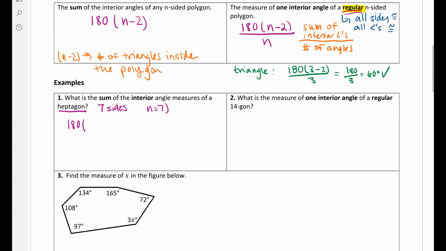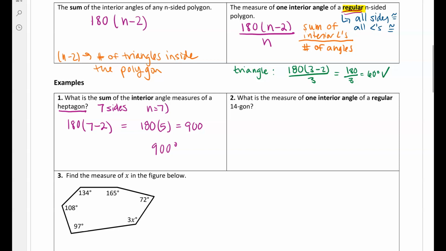If it has 7 sides, n is 7, so 180 times 7 minus 2. Order of operations, we subtract first. That's 180 times 5, and 180 times 5 is 900. So the answer is 900 degrees.